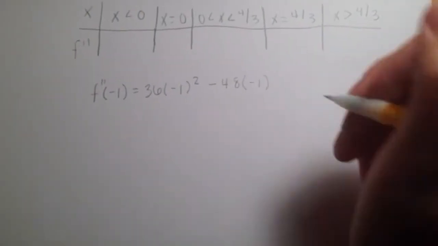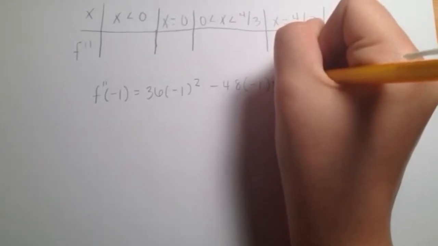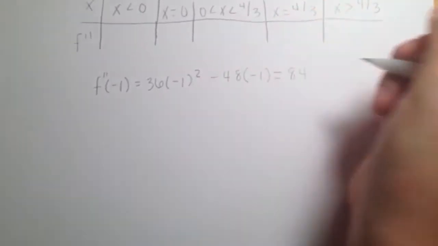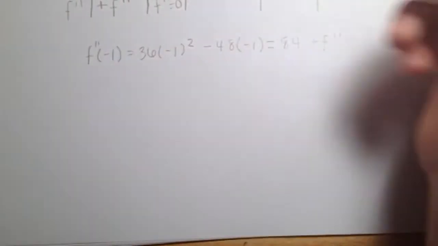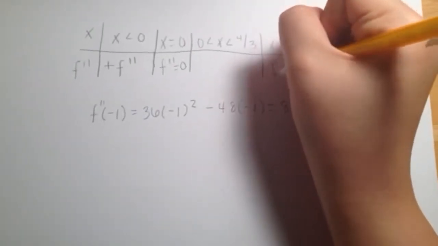When we do that, we find that it equals 84. So it's positive. So here it's positive. Here it equals 0. Here it also equals 0.